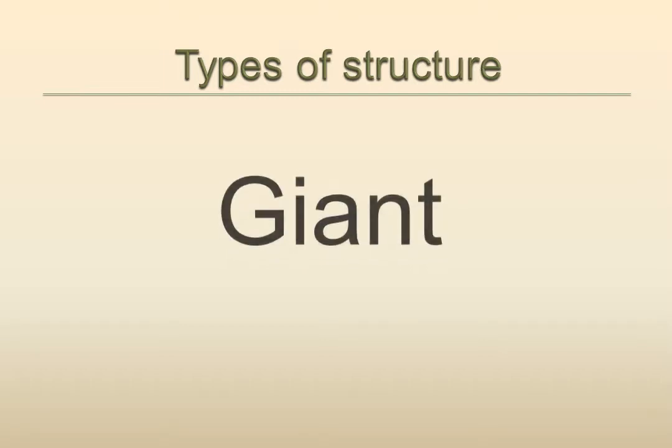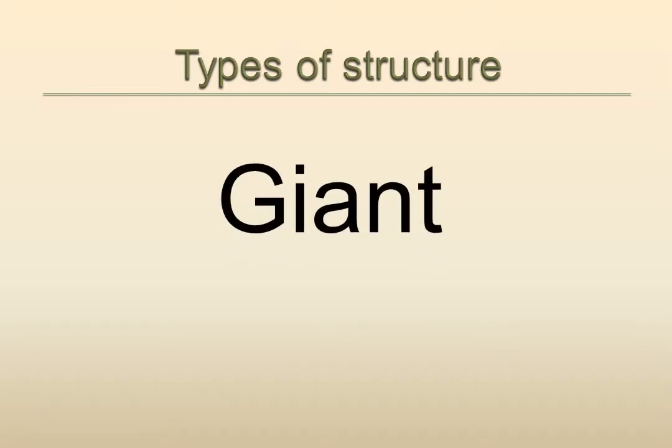So in terms of types of structure, we can break them down very simply into two different sorts. Now these are always generalizations, and we may get some overlap. But very simply we can say, okay then, we've got giant structures. Now with giant structures we have strong chemical bonds extending throughout the structure without a break.